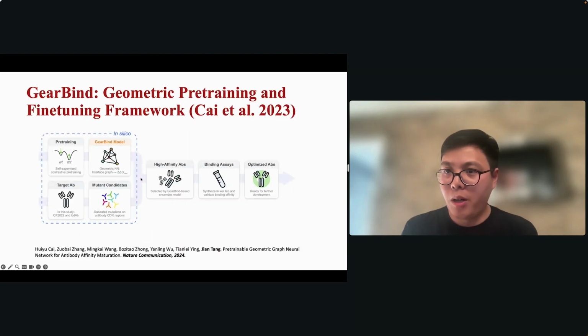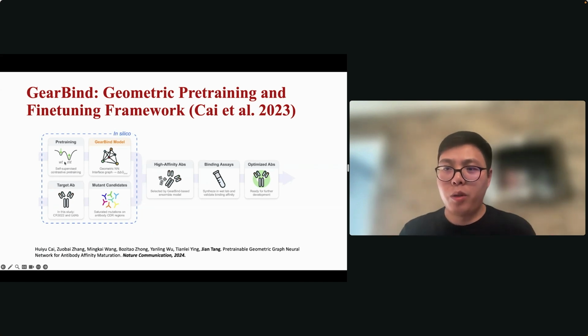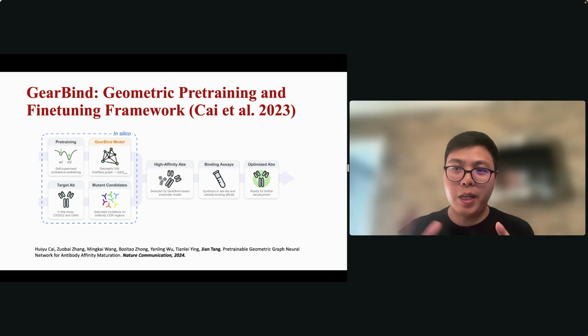Okay. So this is a new work we published this year in Nature Communications. For this work we also adopt the pre-training and fine-tuning framework. So we first pre-train the model on a huge number of unlabeled protein-protein complex structures, so that the model is able to understand how different proteins interact.